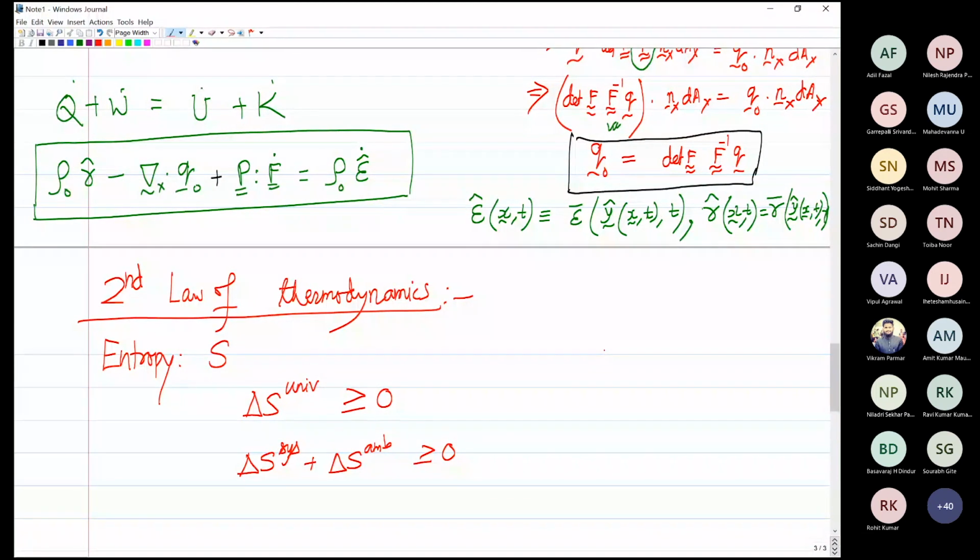So if this is your system, your dt, then everything else, not just the remaining part of the body, but also the ambience of the full body, everything else.